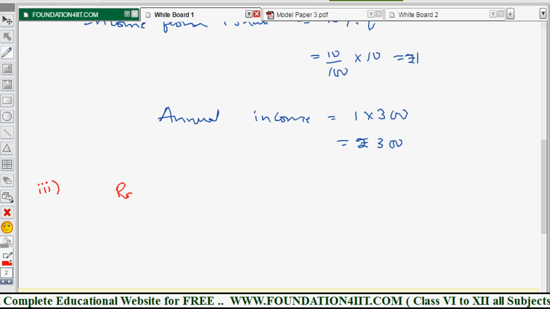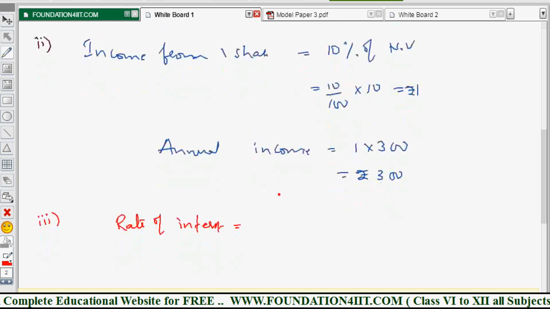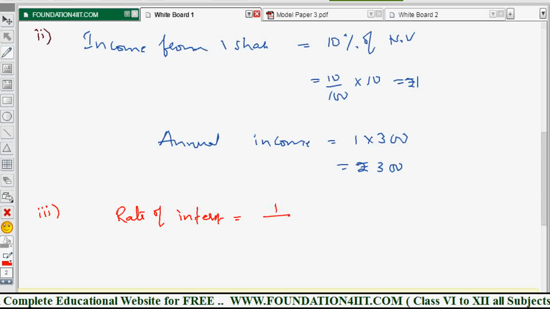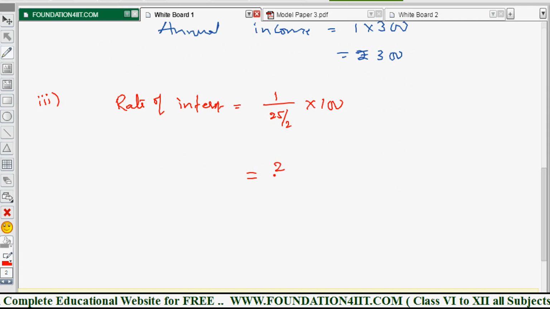If you want to find out the rate of interest, it is income from one share by market value into 100. So income from one share is 1, market value is 25 by 2, into 100. That is 2 by 25 into 100. So 25 ones are 25, 25 fours are 100, so 4 twos are 8. So 8% is the rate of interest, right? So this is the solution from the given data.